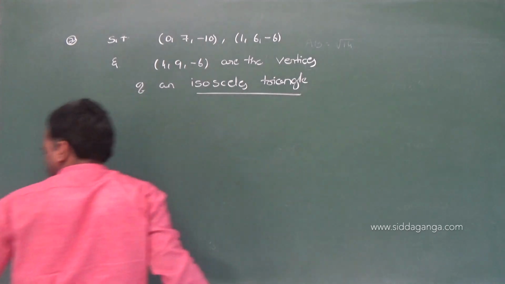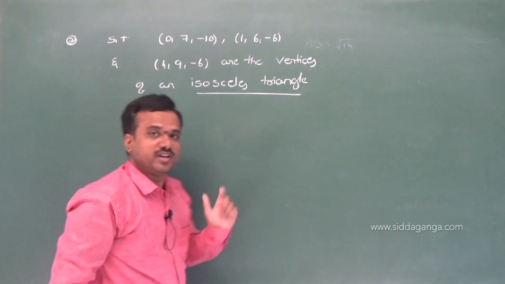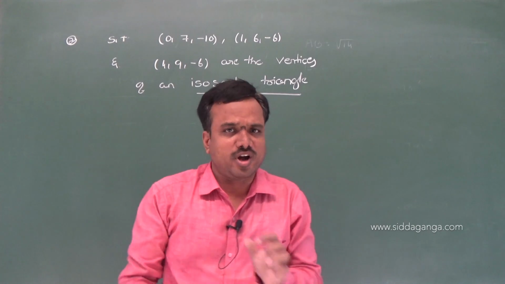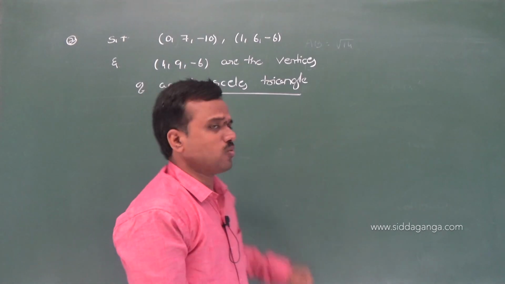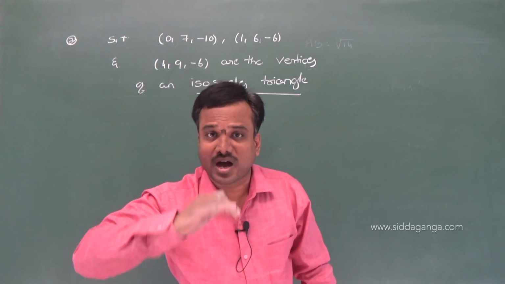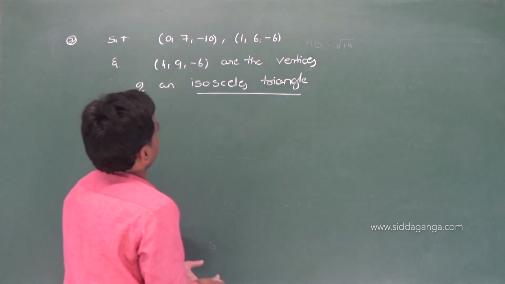This you already know from 10th class. They are the vertices of an isosceles triangle. Okay.